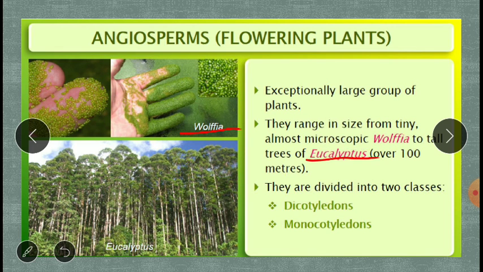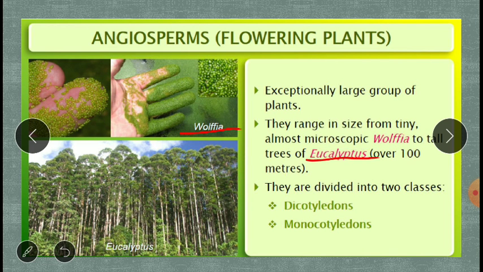So you can see that the angiosperms have a very wide distribution, right from the small microscopic plants like Wolffia to the large plants like the eucalyptus.